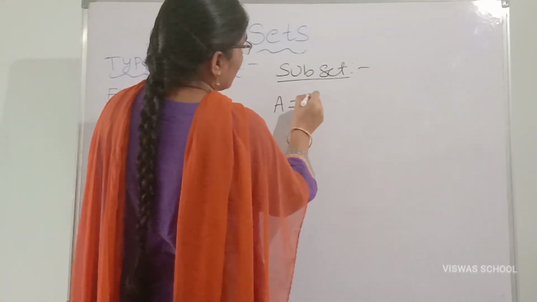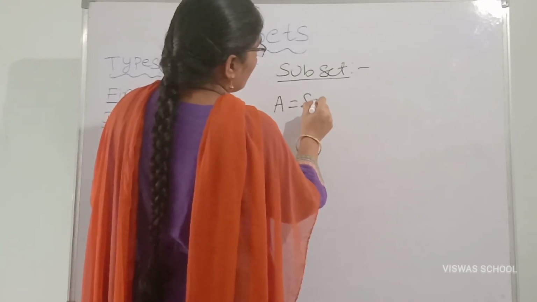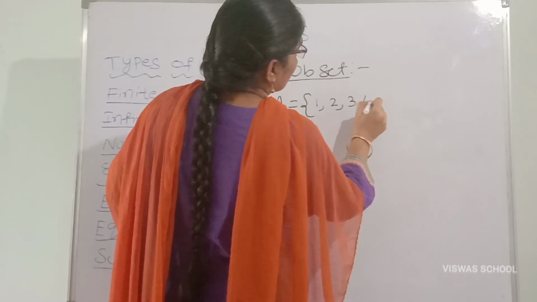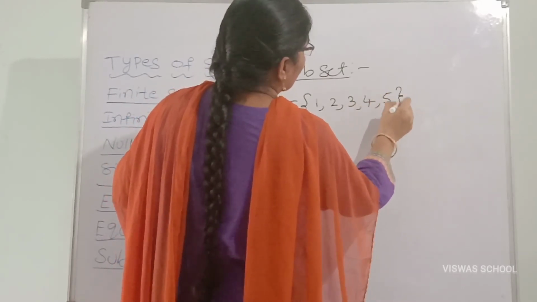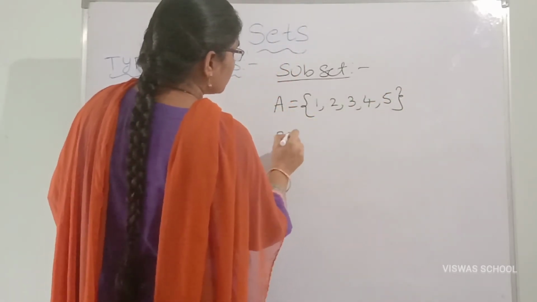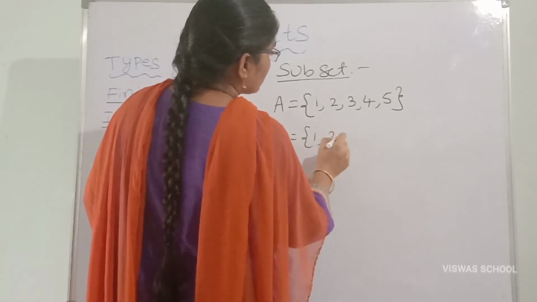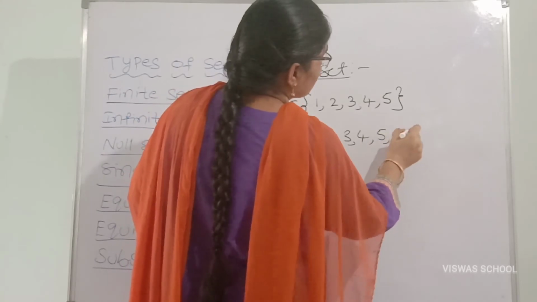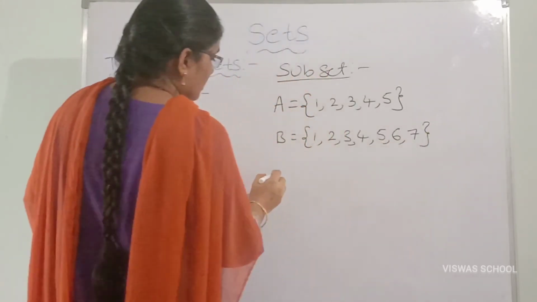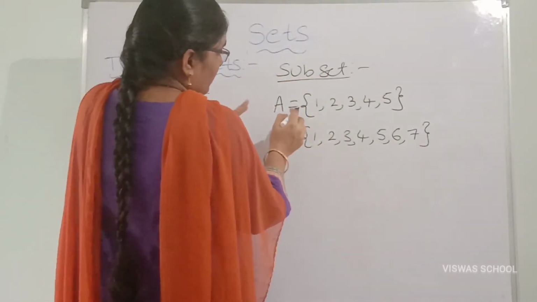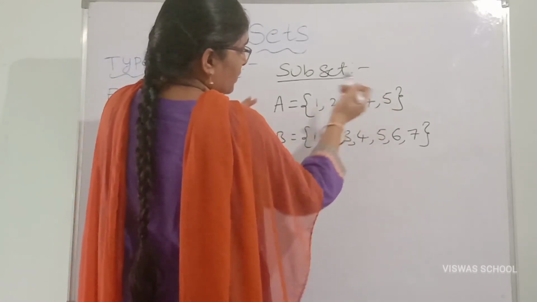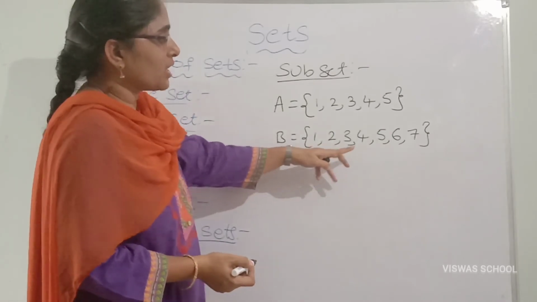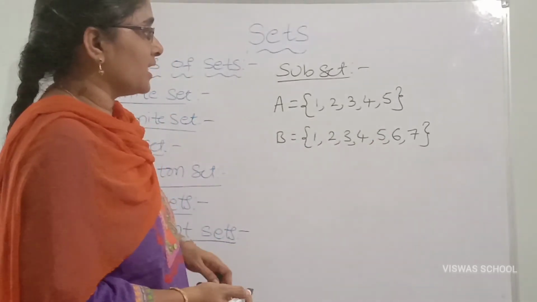Here I am taking A equals 1, 2, 3, 4, 5 and B equals 1, 2, 3, 4, 5, 6, 7. In set A we are having 1, 2, 3, 4, 5 elements, and in set B we are having 1, 2, 3, 4, 5, 6, 7 elements.